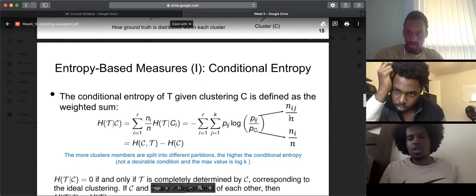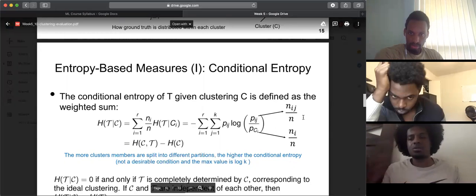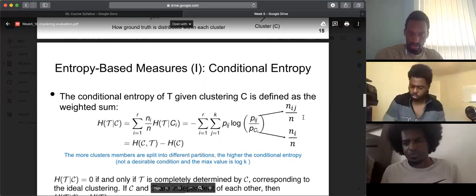So you're looking at how many data points are both in cluster C and ground truth label partition T over all the data points we have. So that's like an average, right? It's a probability.